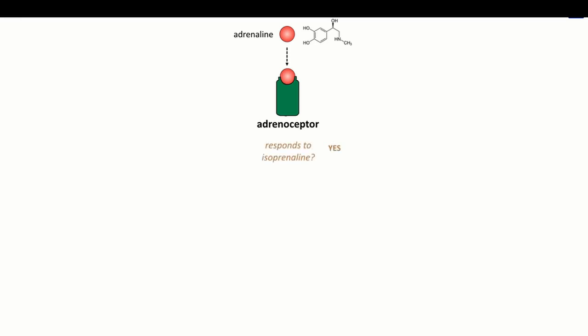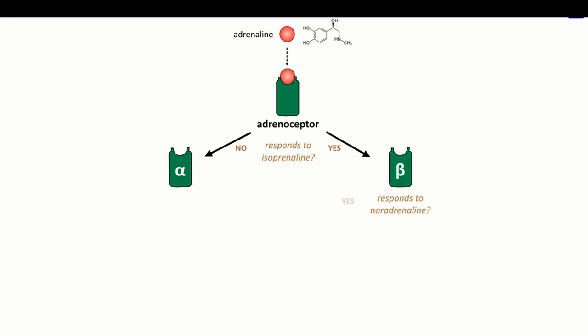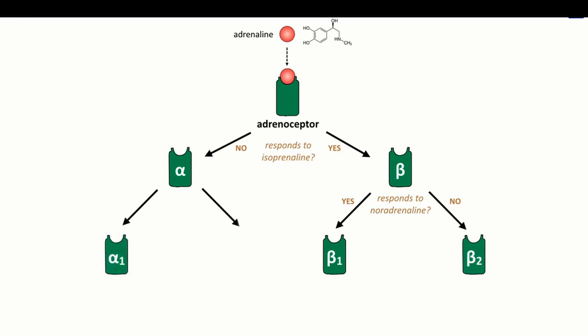This led to the subclassification of adrenoceptors into alpha and beta. Further experiments determined that beta receptors themselves could be subtyped into those which were highly responsive to noradrenaline as well as adrenaline, known as beta-1 adrenoceptors, and those that were poorly responsive to noradrenaline, known as beta-2. Alpha receptors were subtyped in a similar way.